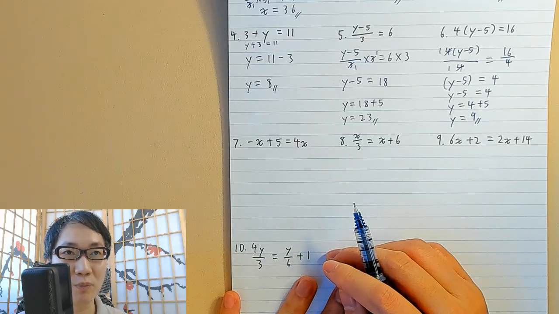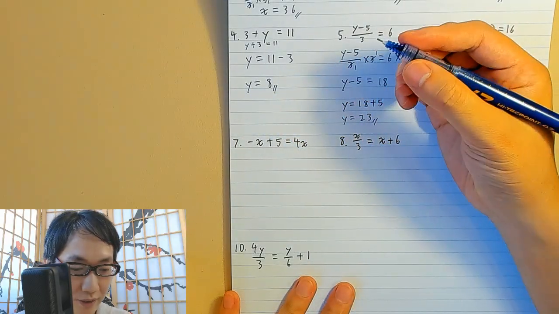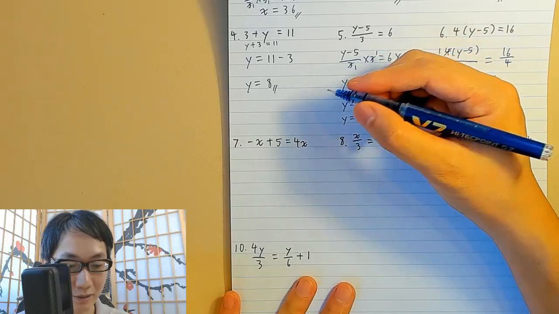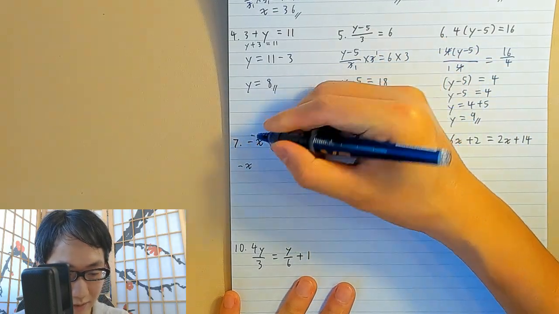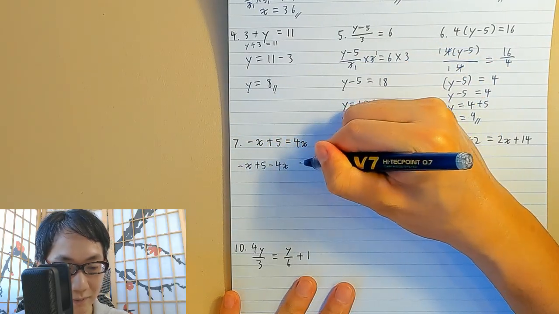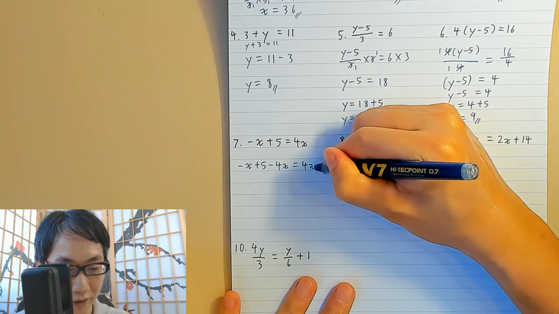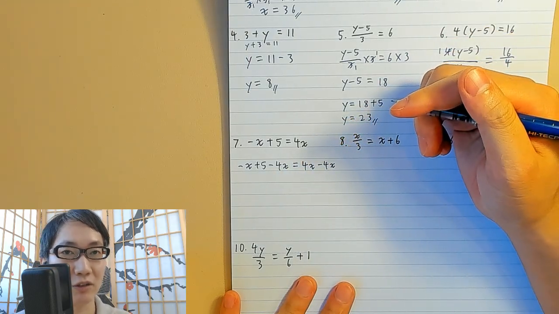So first of all, we put all the terms with x on the left hand side. So we deduct 4x from both sides. So minus x plus 5 minus 4x is equal to 4x minus 4x. So now the right hand side has no x.